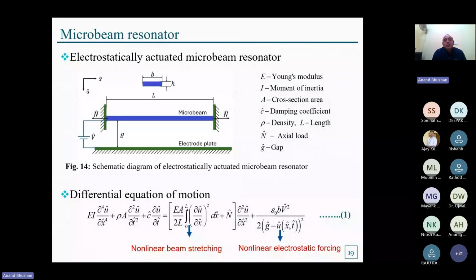So effectively, the microbeam and electrode plate are modeled as a parallel plate, where the instant gap at any point is G minus U, and U is a function of x, the spatial coordinate of the microbeam. This differential equation needs to be solved to find the various characteristics of the electrostatically actuated microbeam resonator.